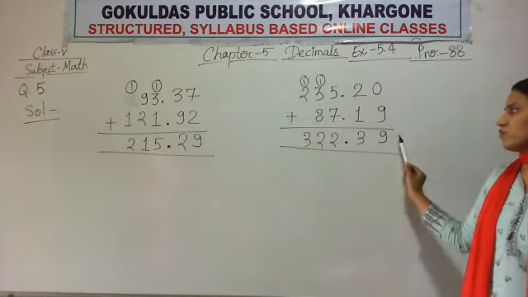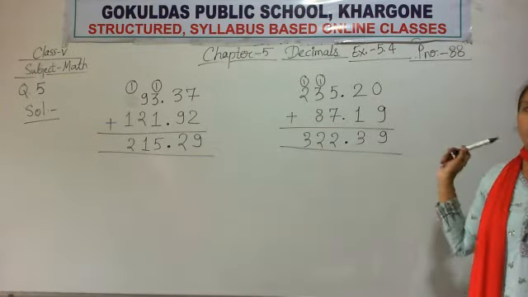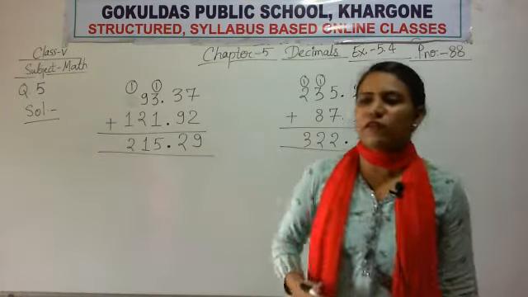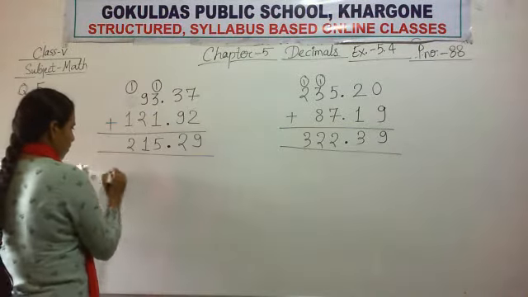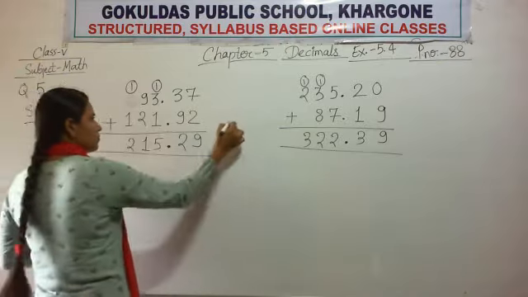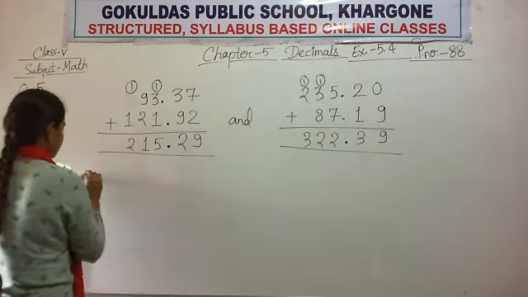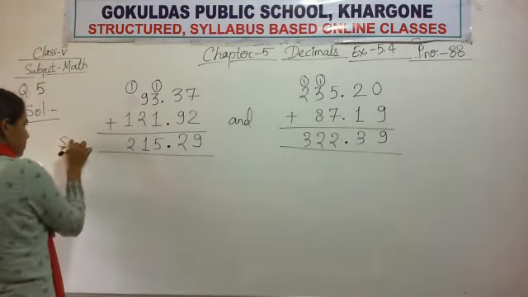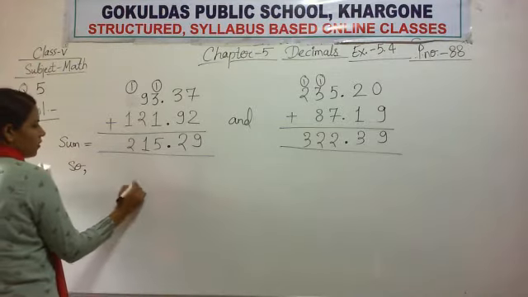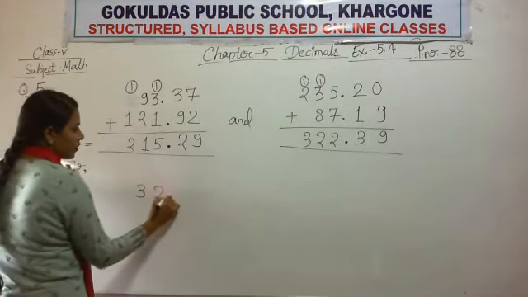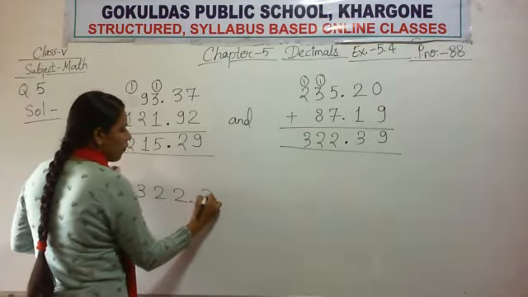So to subtract, we will write 322.39 first.